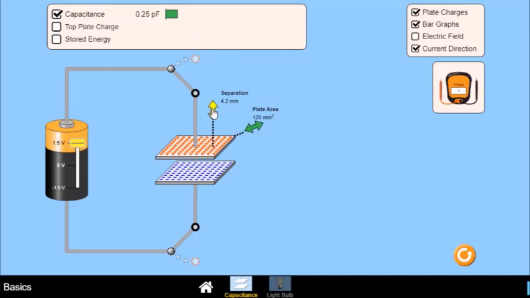Now I'm going to increase the distance of separation between the parallel plates, and you are going to look at the capacitance of the capacitor to see whether it is increasing or decreasing. Look carefully.